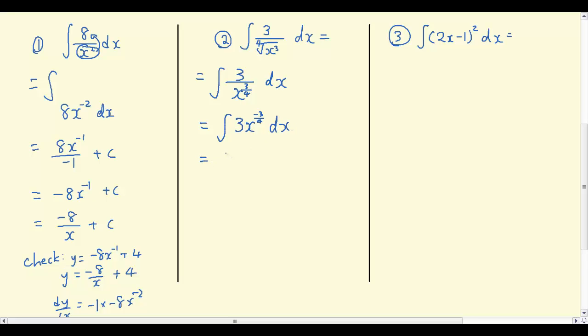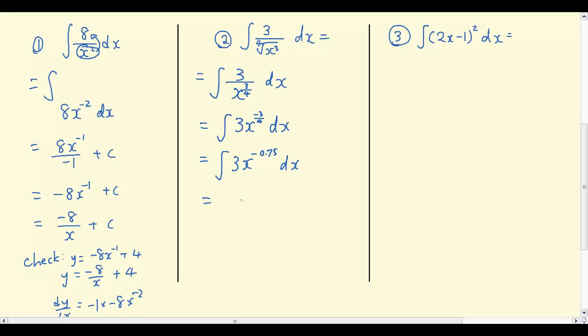Now, for those of you who like decimals better than fractions, you can also express this as negative 0.75 dx. Right, because 3/4 is the same thing as 0.75.